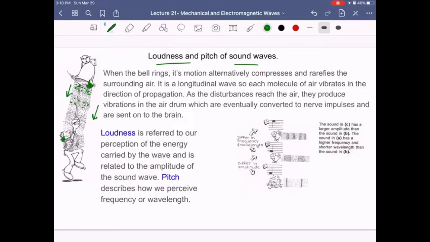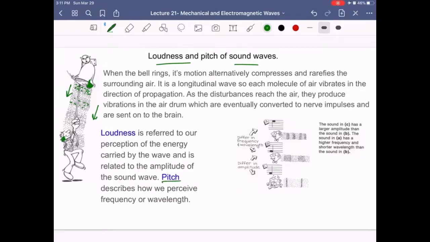So loudness, what I perceive as loudness, is actually the energy of the wave. The more energetic, the louder the wave seems to be, and it has to do with amplitude. So it turns out that the bigger the amplitude, the more energy of the wave, and therefore the louder it will seem to me.